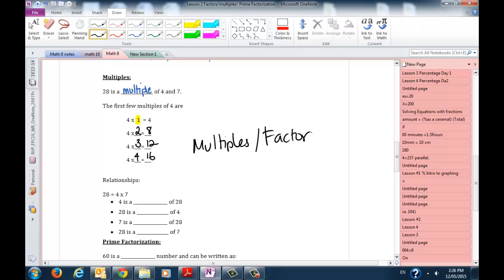If we're looking at the relationship 28 is equal to 4 multiplied by 7, then 4 is a factor of 28. 28 is a multiple of 4. 4 times 7 is 28. 7 is a factor of 28, and 28 is a multiple of 7.